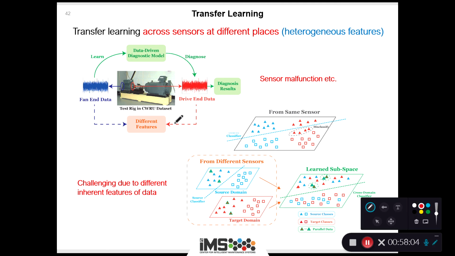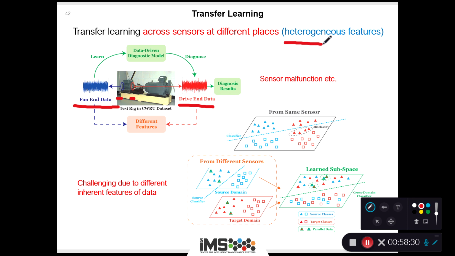For example, here shows that we may have different sensors at the drive end and the fan end of the motor. And we want to transfer the knowledge learned from the fan end data to the drive end data. So that is another type of transfer learning. And it is also very challenging because they have different characteristics.